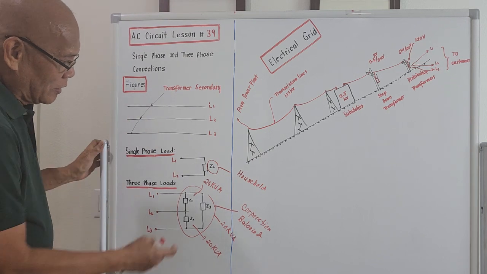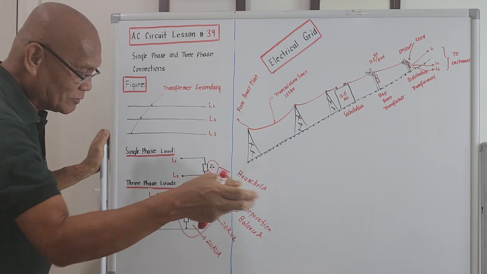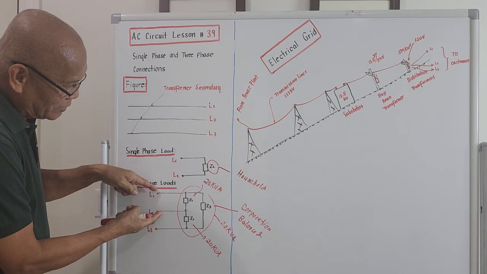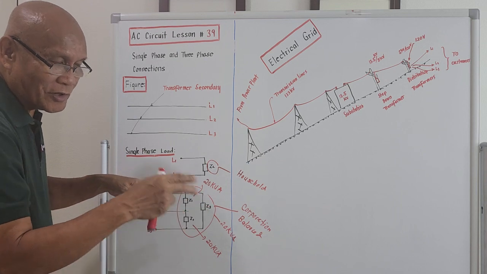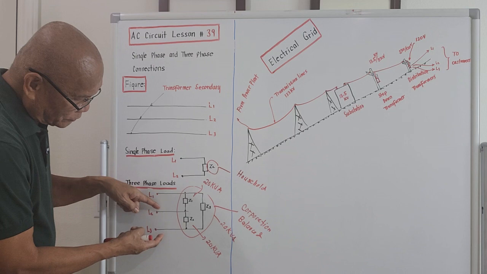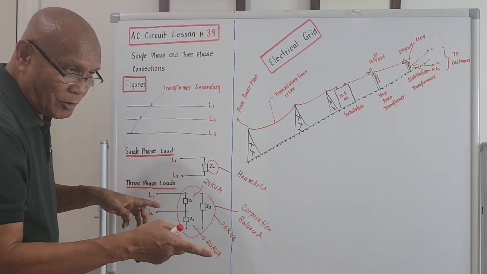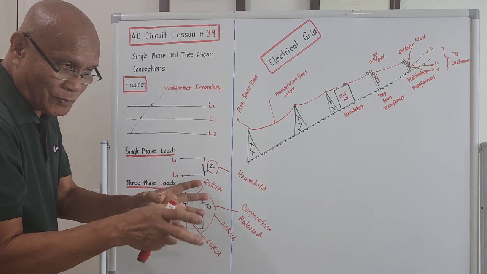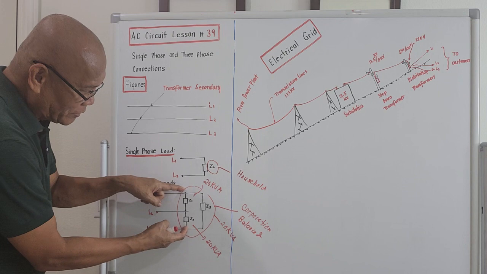Meaning, load number 1, if Amazon is considered a three-phase load, is connected between line number 1 and number 2. Load number 2, still the load for Amazon, is connected between line number 2 and line number 3. And the third load, still a part of the load of Amazon, is connected between line number 1 and number 3.